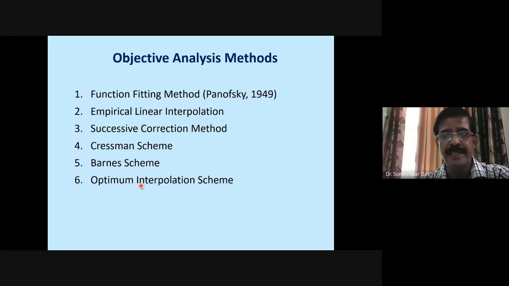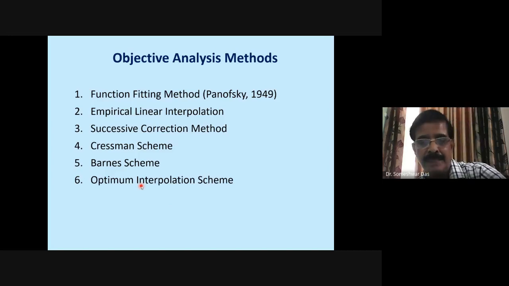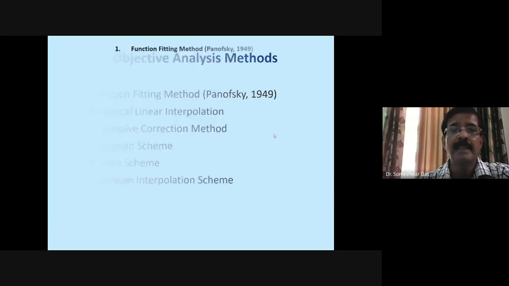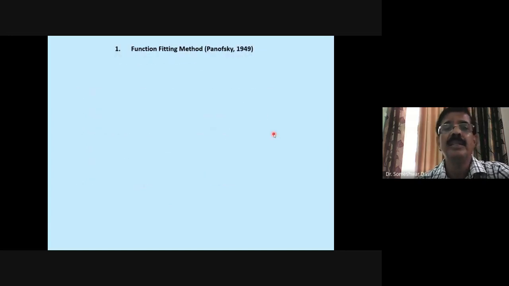Nowadays, many new schemes are also available based upon variational techniques, variational estimation; that we shall discuss later. But up to this, these are called the objective analysis methods, which interpolate randomly scattered observations in space onto the regular grid points of the model. Now let's discuss all these methods one by one.